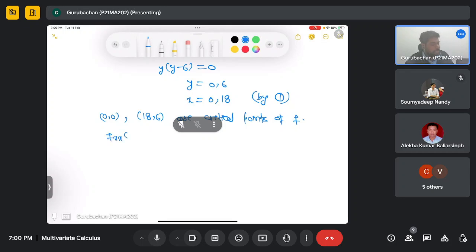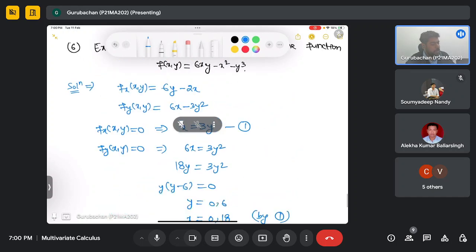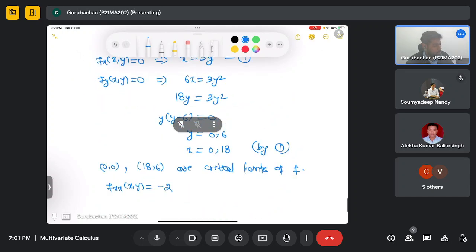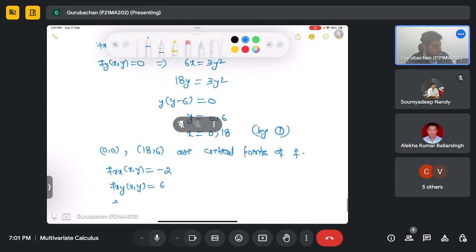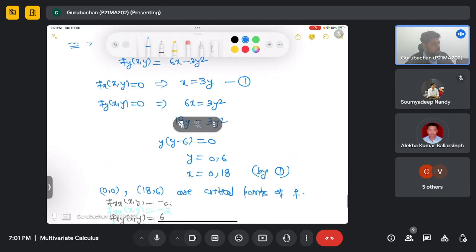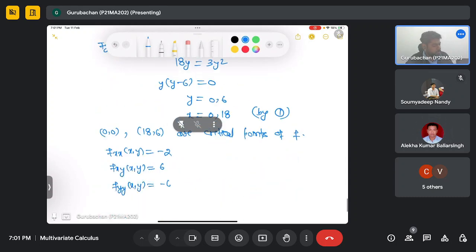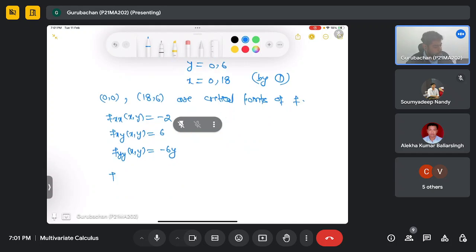So fxx at (x, y) gives minus 2. fxy at (x, y) gives 6. fyy at (x, y) gives minus 6y. And now we need to put the values of these points.